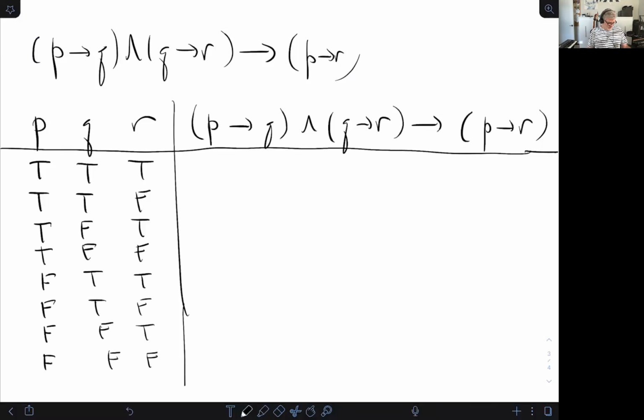I realize that's a big one. I'm going to evaluate these parts, and finish off with the last one. This is also a good exercise to see how you're parsing this whole thing. Clearly the last thing you're going to evaluate is this implication.